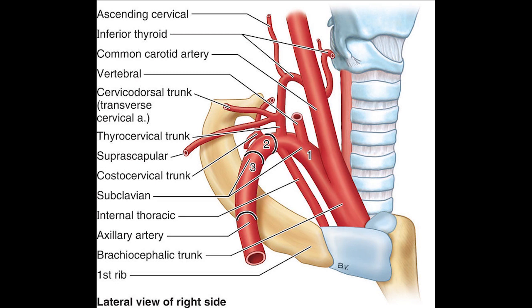The dorsal scapular artery also contributes to the scapular anastomosis. Earlier we saw there is a possibility of the dorsal scapular artery coming from the superficial cervical artery. If it comes from the superficial cervical artery, the proximal part of the superficial cervical artery is known as the transverse cervical artery.